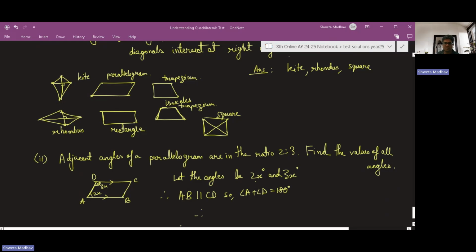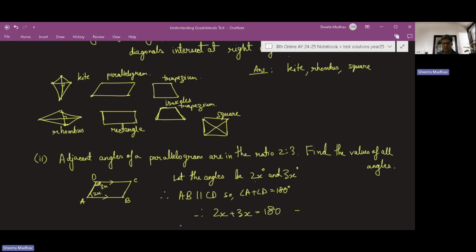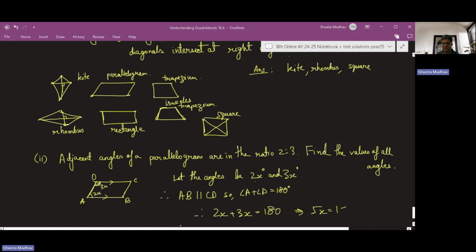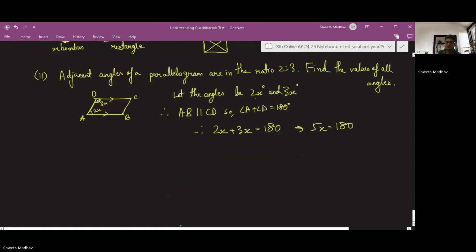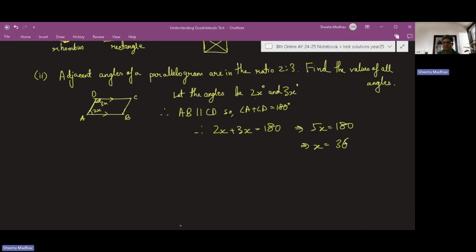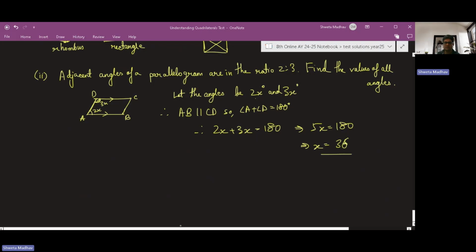Therefore 2x plus 3x is 180, so 5x is 180, and x is 36.